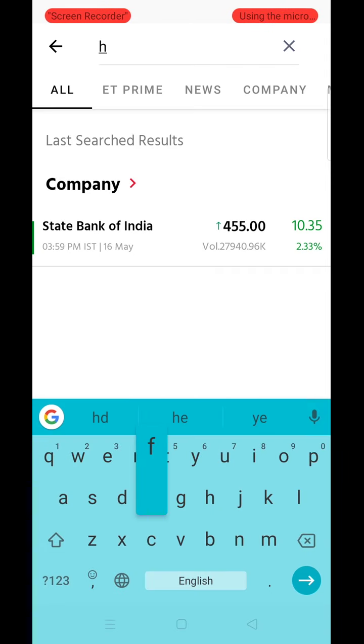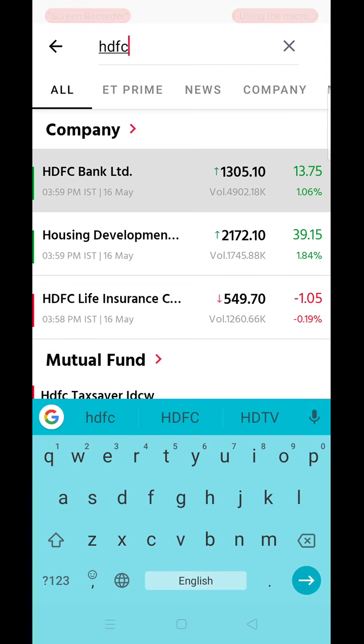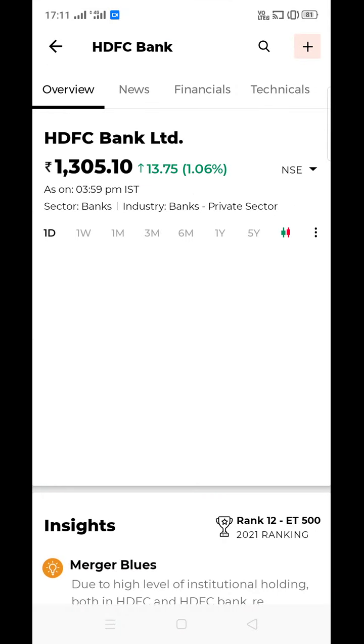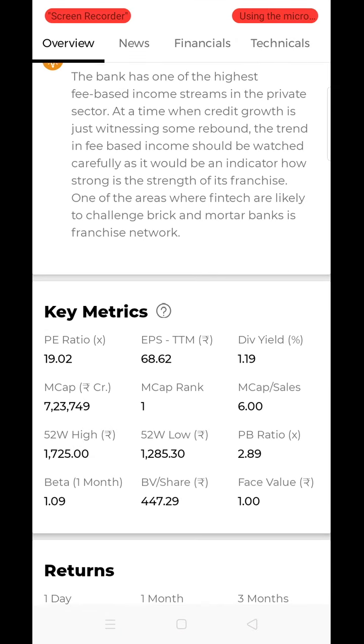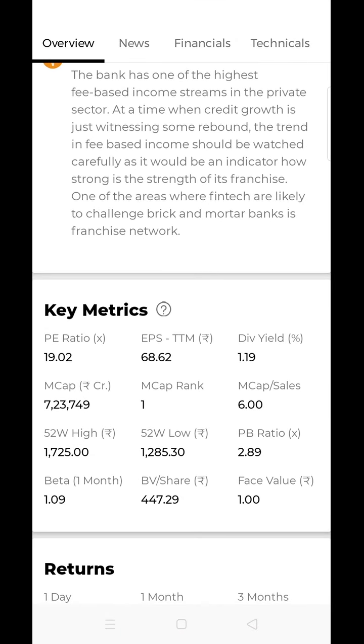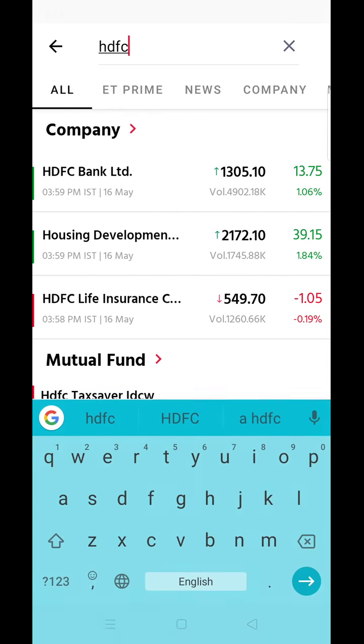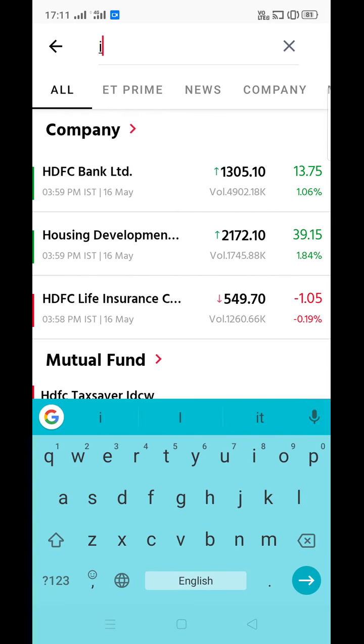So let's go to HDFC Bank. It is at 1300 and the PE ratio is 19. So it is commanding 19x and SBI was commanding 11. Now let's check ICICI Bank.